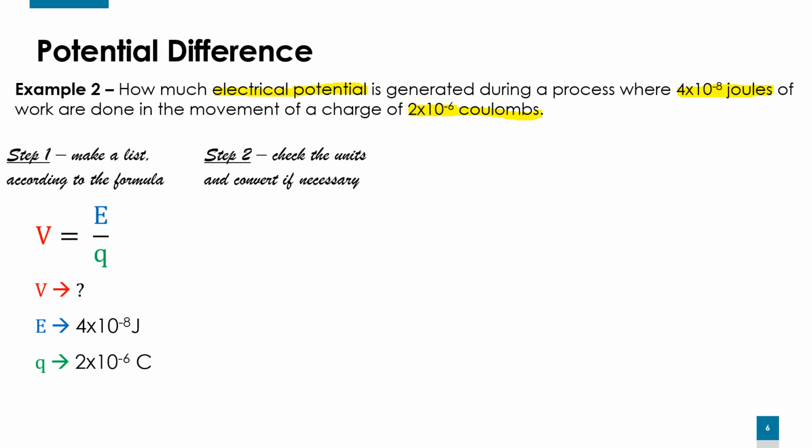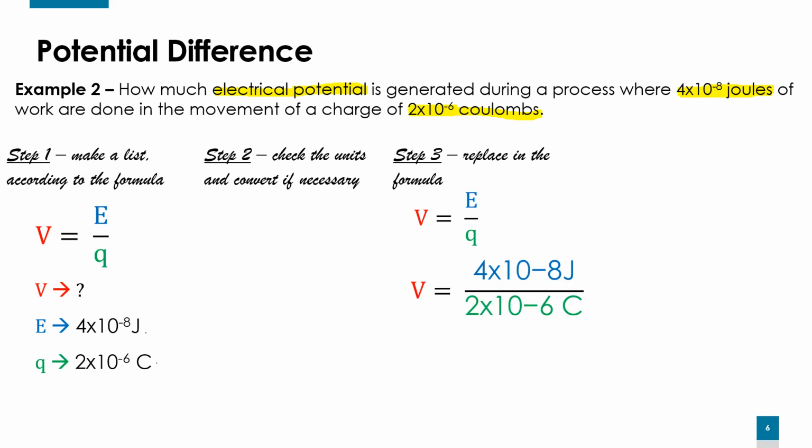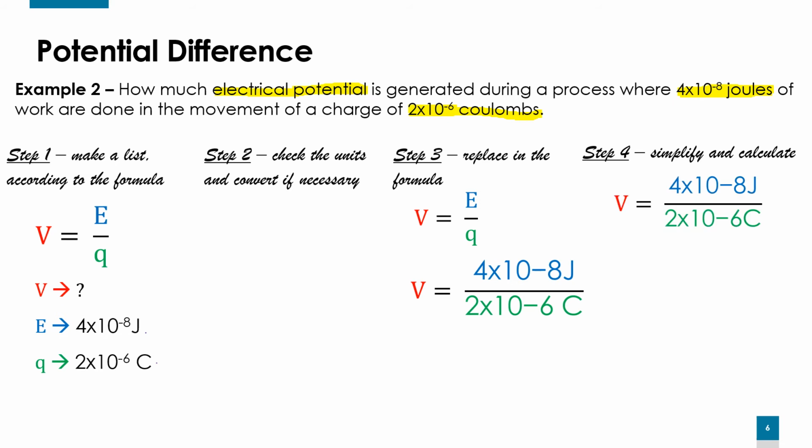Step 2, check the units. Energy in joule and charge in coulomb. Do I need to change anything? No. Replacing the formula. V, I don't know. E, I know. 4 times 10 to the power of minus 8. And charge is 2 times 10 to the power of minus 6. So I just replace. Step 4, I need to simplify.